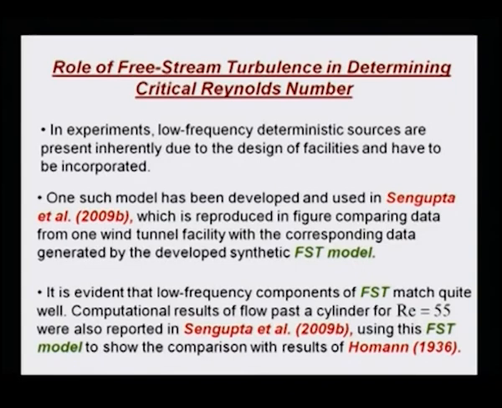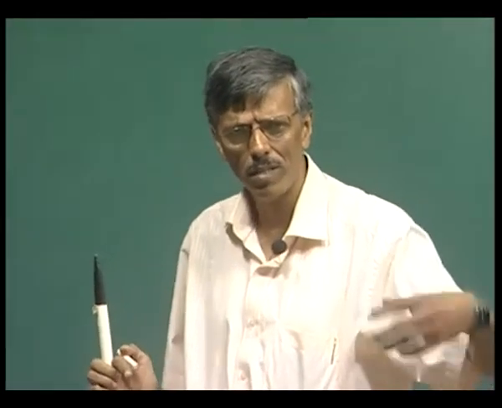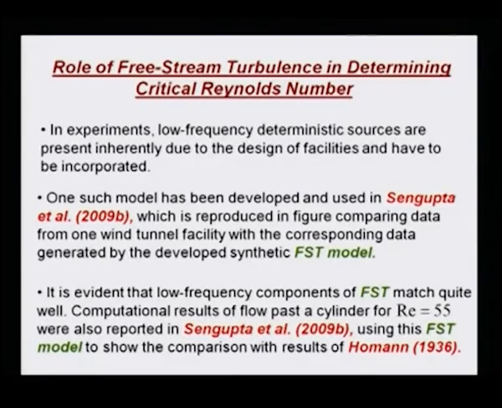So, that is the story of this particular FST model that we developed. Because we pick up the low frequency event from the empty tunnel data itself, it of course matches quite well at the low frequencies, low wave numbers. In addition to that, we fixed the constant alpha to match the second and fourth order statistics.